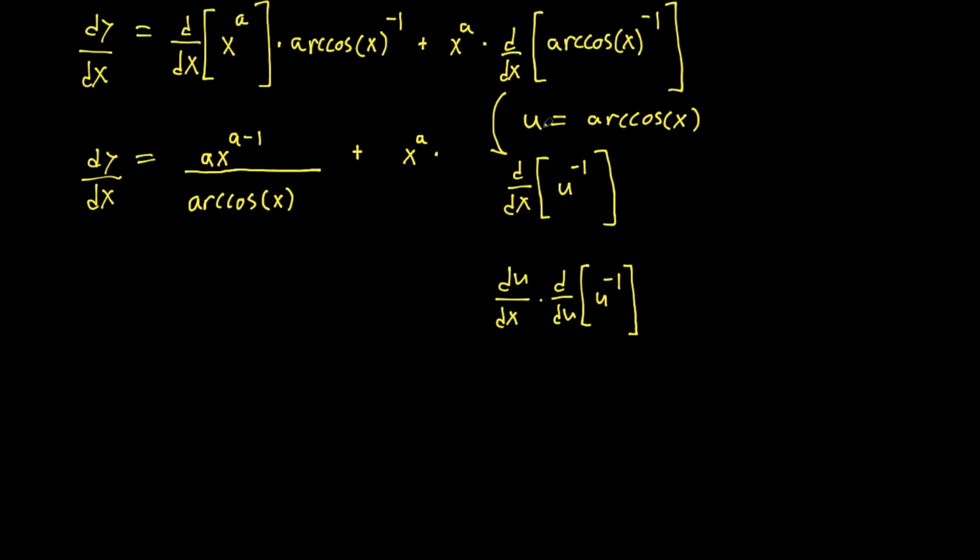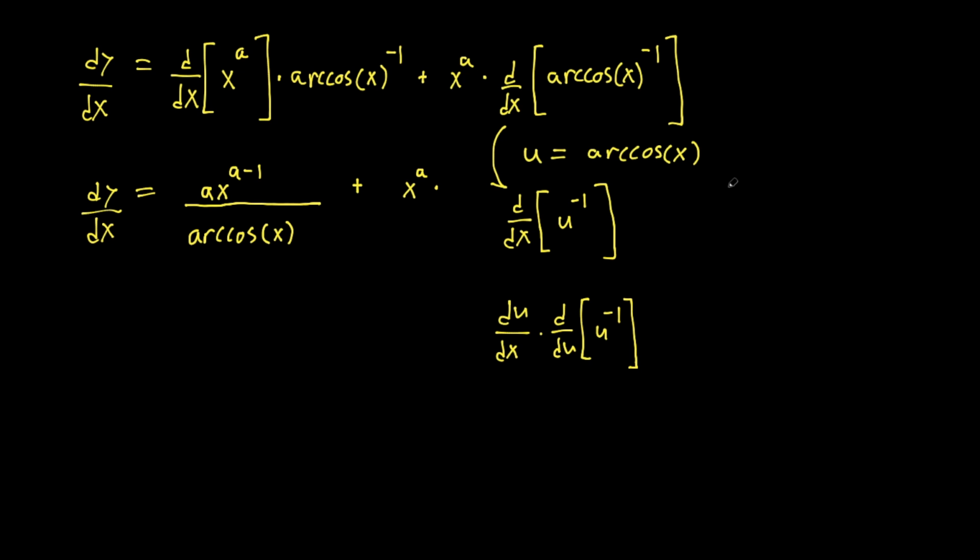well, first of all, we can take du dx. We already worked out in the main derivation video that the derivative of arc cosine is going to be equal to negative 1 over the square root of 1 minus x squared.